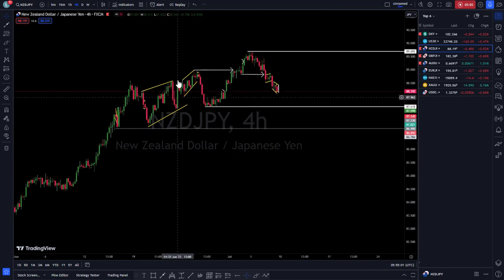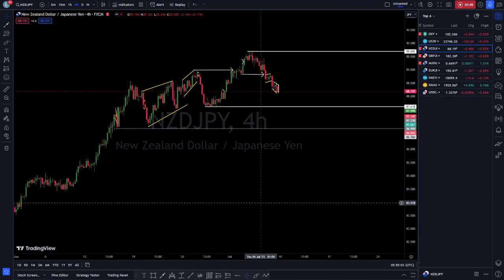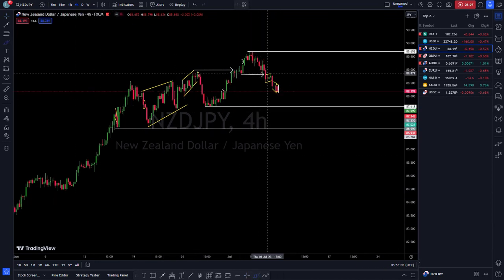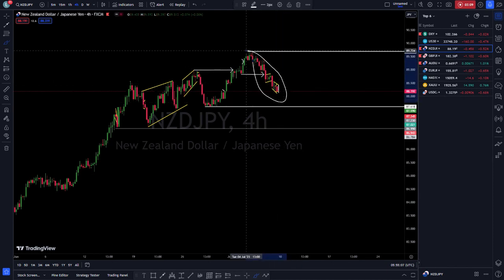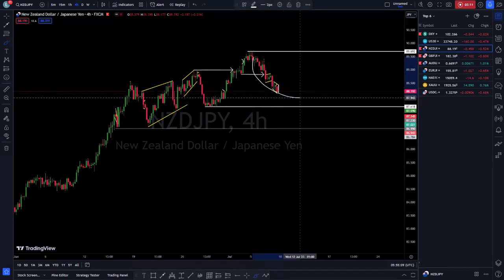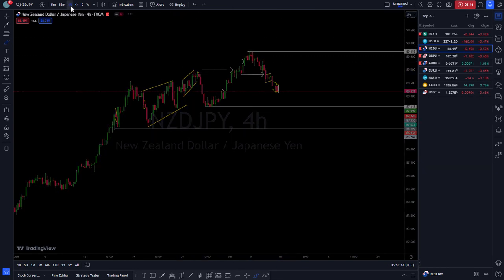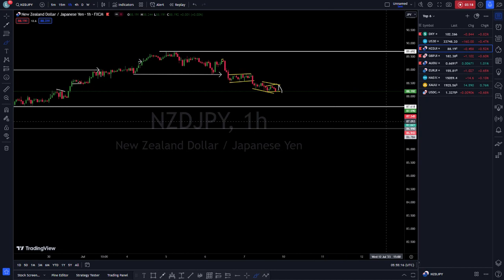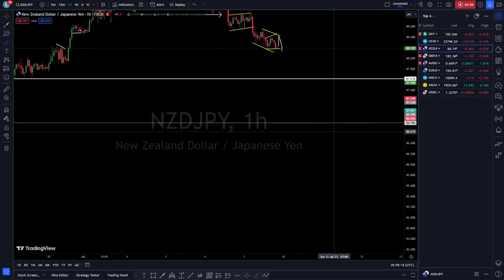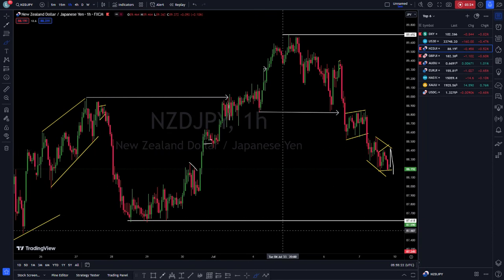So now we are going to focus on this price action here. There are some things that might happen, and we should just take cognizance of it.